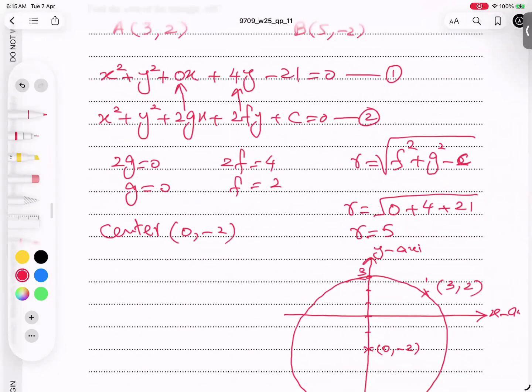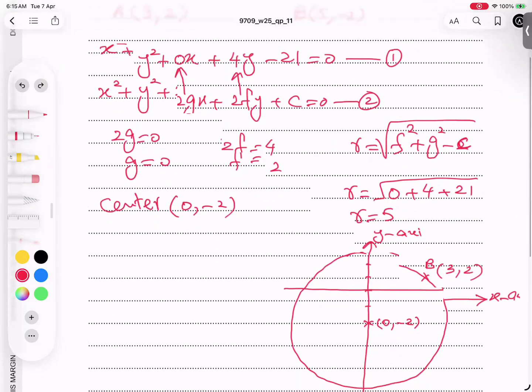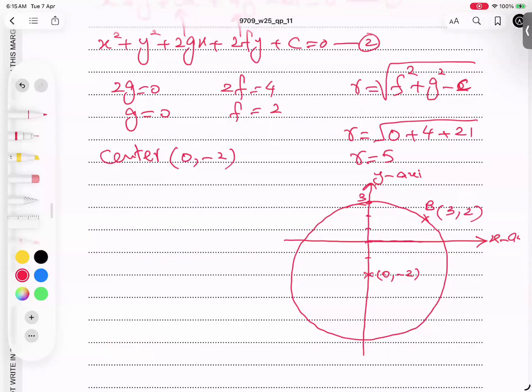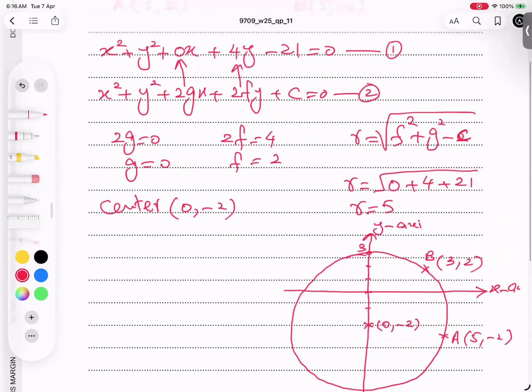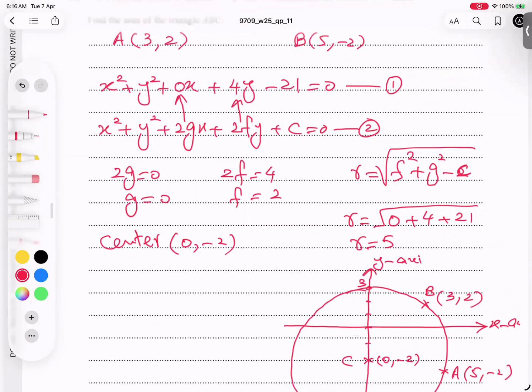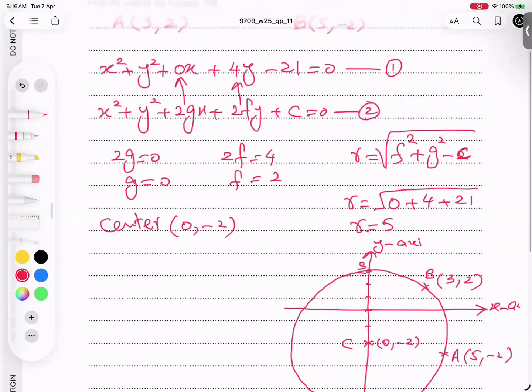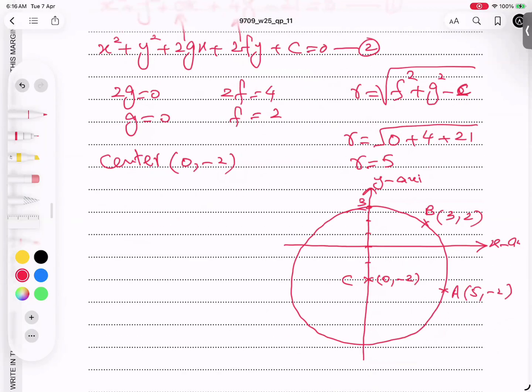So x is 5, y is -2, somewhere here. This is the A coordinate, x is 5, y -2. Let me recheck once again, and this is the center of the circle. So we got three things. Let me recheck finally: 3, 2, and 5, -2.